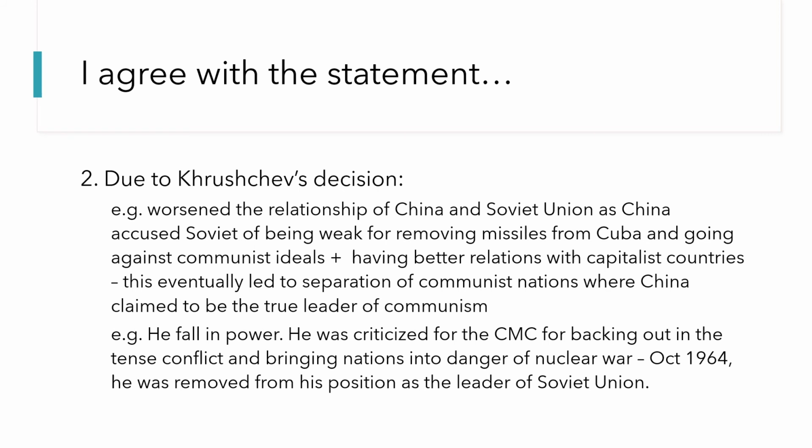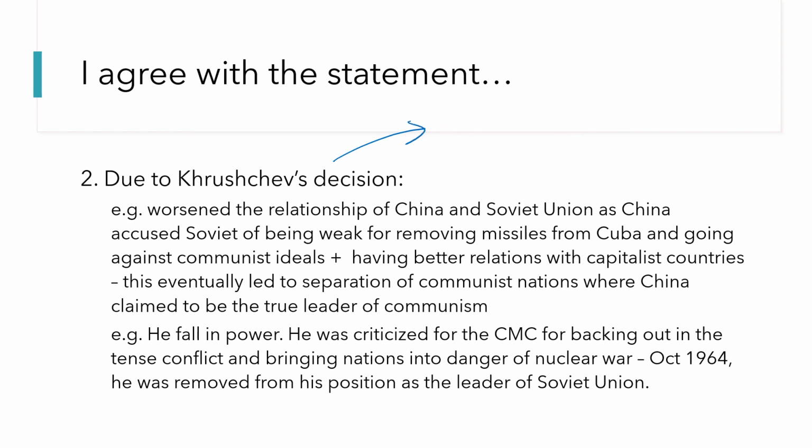So I agree with the statement that Khrushchev's decision was an error. In your textbook itself, there were only 2 examples that you can quote for this particular question. One of them would definitely be because of what Khrushchev decided. And what was Khrushchev's decision?